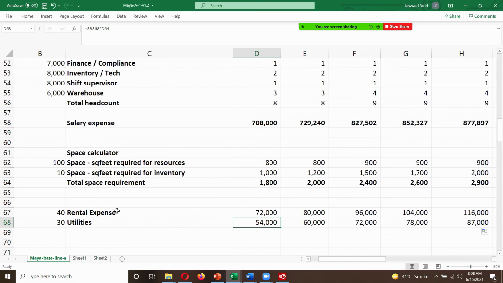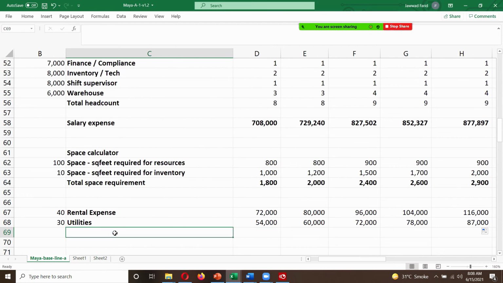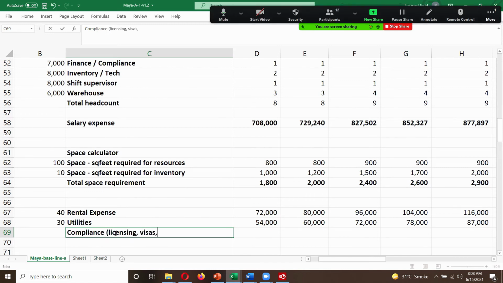Now, in addition to rental and utilities, what else do we need? You need something that we call compliance. So compliance basically means what is essentially needed to work in the UAE, to run a business. So licensing, visas, paperwork, and trade reporting, right? There's stuff that you need to do to run and operate a business in the UAE.